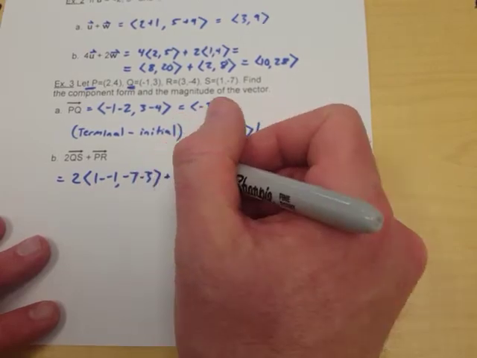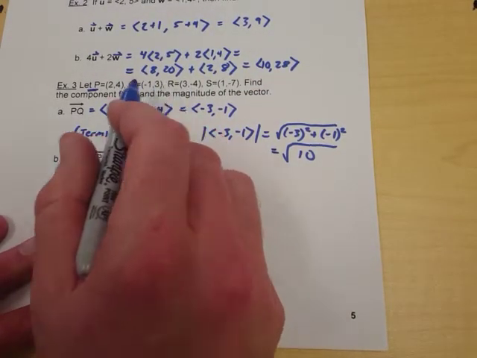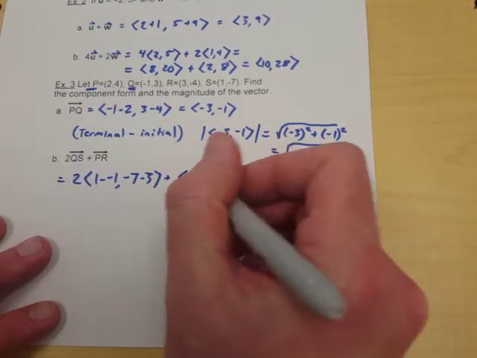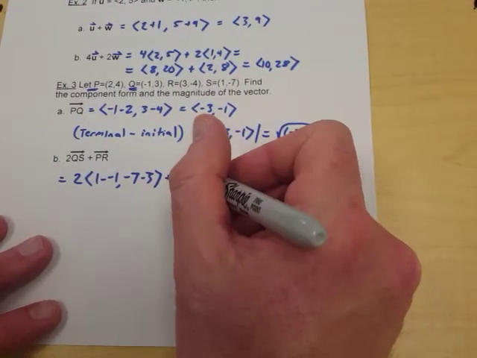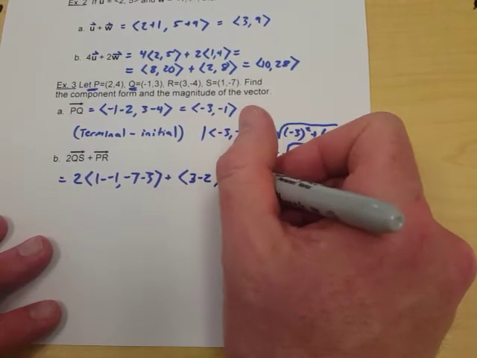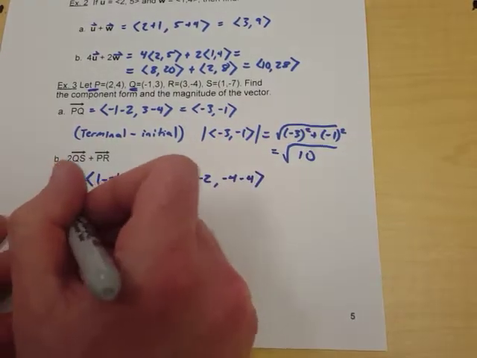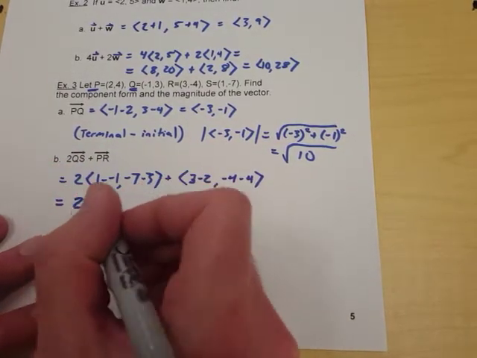And then the second part of this is going to be PR, so it's going to be R minus P, and in this case we are looking at 3 minus 2 for the X's and -4 minus 4 for the Y's.